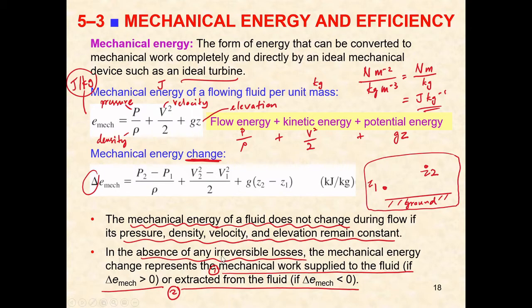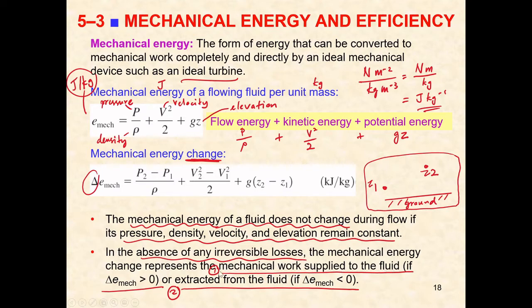So in the absence of any irreversible loss, which basically means friction loss. Friction loss creates heat or work, something like that. So in the absence of irreversible loss means there's no heat loss, there's no friction. All right, the mechanical energy change represents the mechanical work supplied to the fluid.